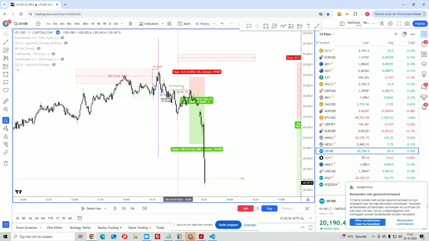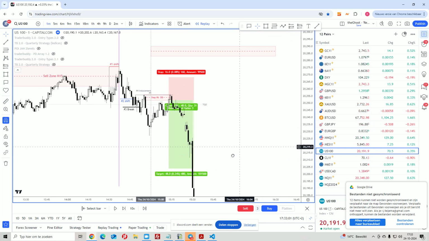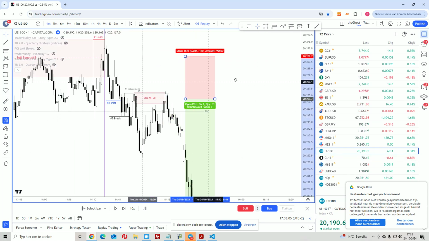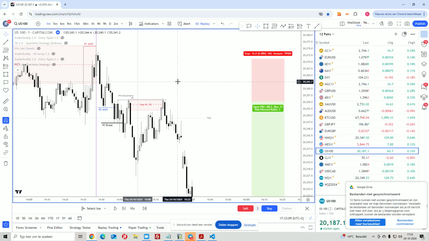I have understood it correctly, the candle must not close over the inducement, it must only be a swing. Yeah, preferably. Another option can be, well, let's use this situation here. Suppose this was the inducement line.